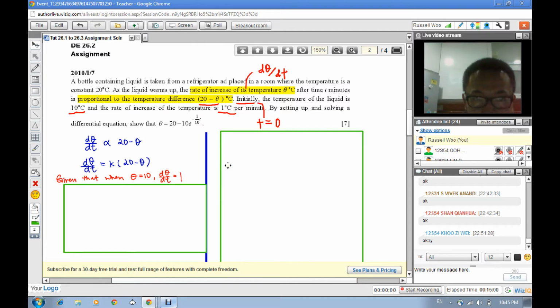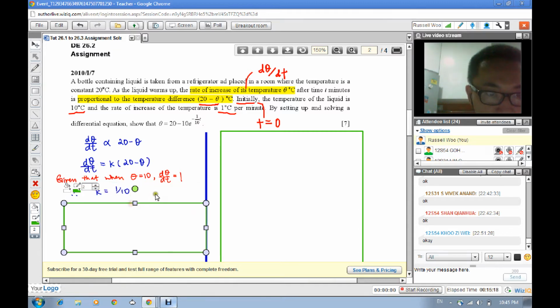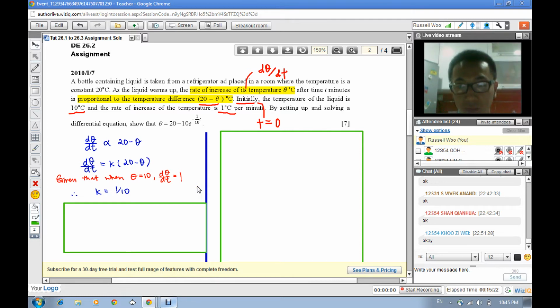Now we are given that when t is 0, theta is 10, and d theta dt is 1. So we must learn how to draw these information out of the question. If we can see that, then quite easily we can get k. So we got k out of the way.